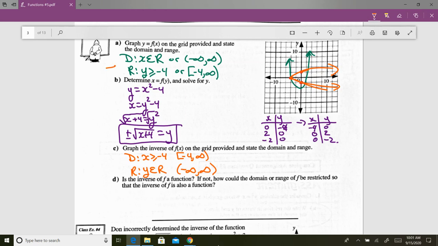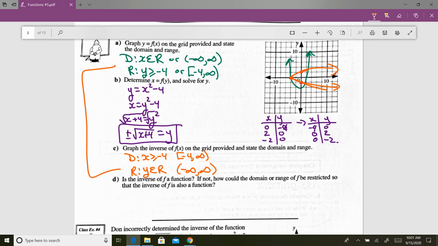What do you notice about the domain and range from the original to the inverse? They switch. Just like the x and y values switch, the domain, which was all real numbers, has now become the range. And the range in the original, which is greater than or equal to -4, has now become the domain in the inverse.